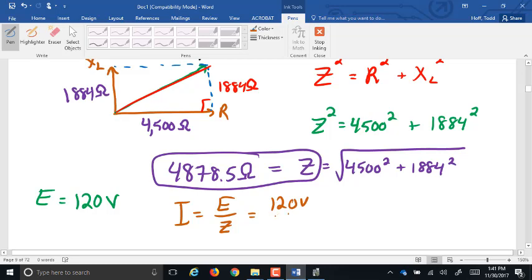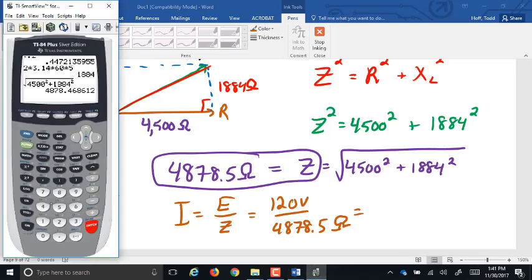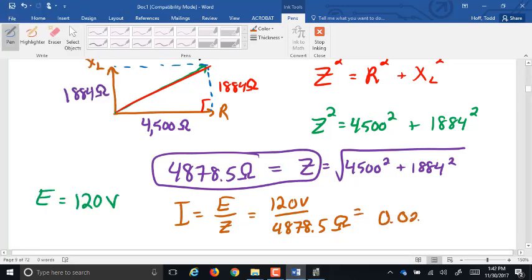So 120 volts divided by 4878.5 ohms. I'm just going to do this since it's already in my calculator. We'll do 120 divided by that previous answer. So I get 0.0246, we'll call it, amps, otherwise known as 24.6 milliamps. Does that make sense?